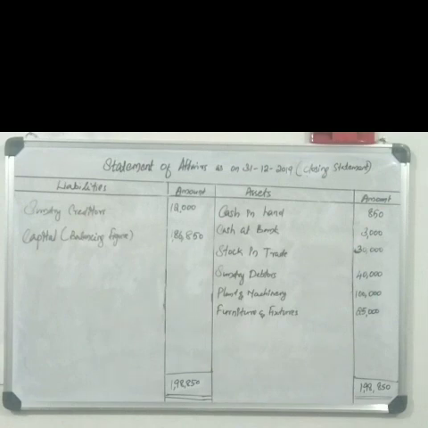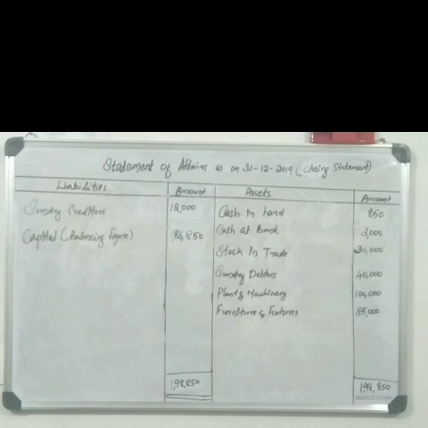So when we total up the asset side, we got 1,98,850 rupees, and on the liability side we have sundry creditors, which is 12,000 rupees. Now the balancing figure, which is the closing capital, 1,86,850, right? So we got the opening capital from the opening statement and the closing capital from the closing statement.